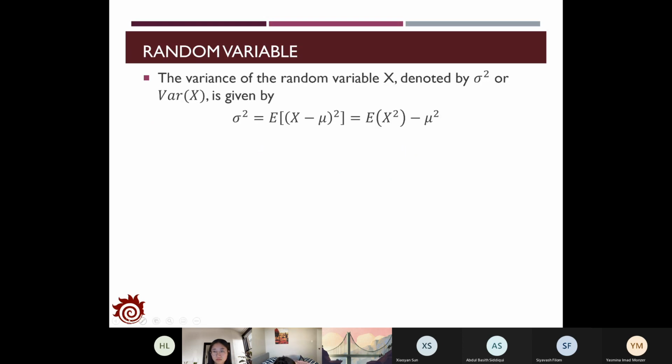The second measure of the property of the random variable is the variance. It shows how concentrated the variable is.